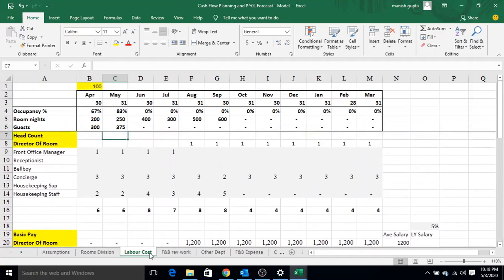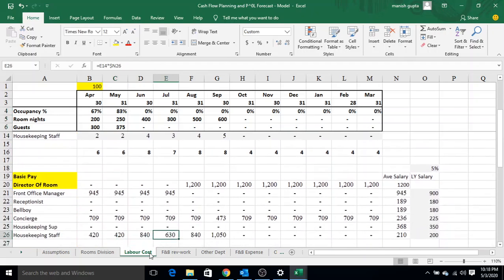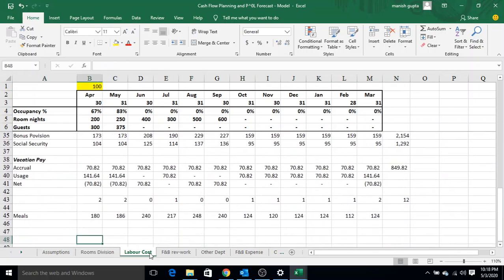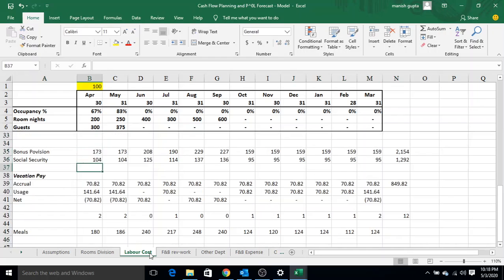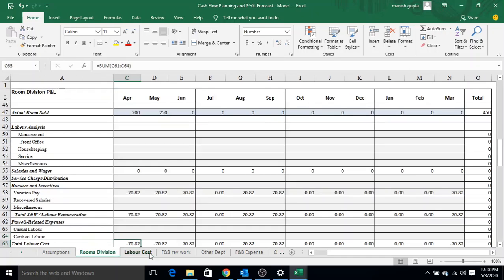Let's have a recap. First we do the manning, the head count based on the business levels that we are looking at, and then we calculate the salaries, factor in the increments, and then we do the other budgets, for example bonus, social security, vacation pay, meals, other employee benefits that we are giving, ferry, accommodation, ferry traveling.